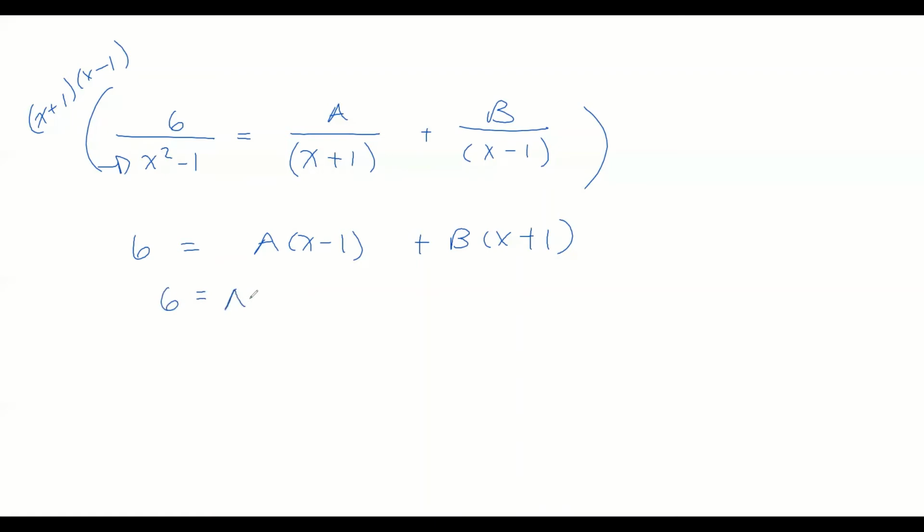So I end up with ax minus a plus bx plus b. Then we're going to go ahead and take the derivative in terms of whatever our variable is. Our variable here is x, so I'm going to take the derivative on both sides, which might seem a little bit weird, but we can always consider that both sides are technically equal to f of x, and then I'm just setting them equal to each other so that they're equivalent.